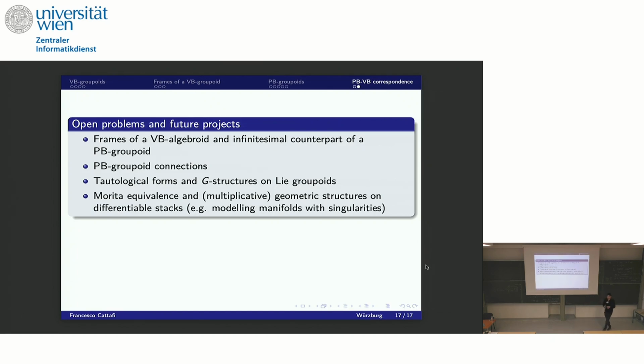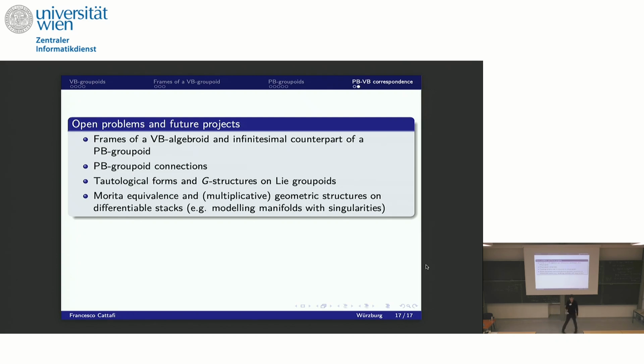Morita equivalence is an important notion between two Lie groupoids that says that two Lie groupoids behave in a very similar way somehow, and this is also the starting point to define what is called a differentiable stack, which can be seen in a much more categorical and abstract way, but in practice could be seen also as a Morita equivalence class of a Lie groupoid.